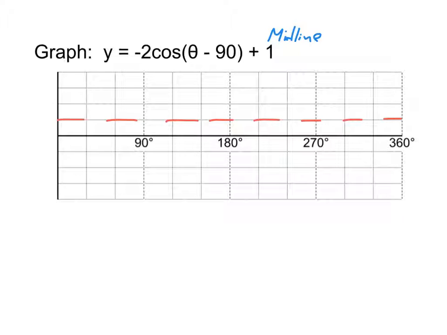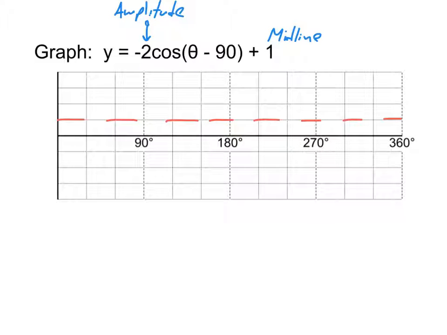And then I need to know, where do I put the top and the bottom lines? Well, that's how tall the wave is. Remember that happened from the number multiplied out front. That was our vertical stretch. Technically speaking, that vertical stretch is actually called the amplitude. I'm not going to make a big deal out of that today, but I do want to let you know that it's called amplitude.